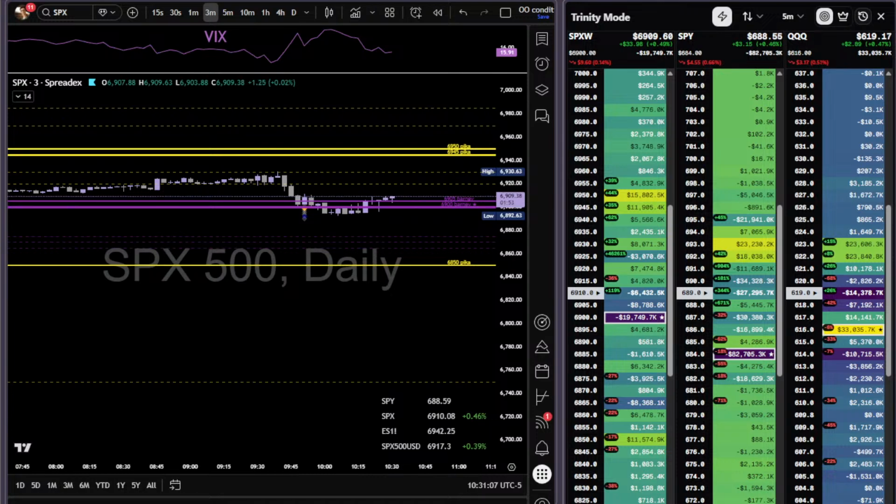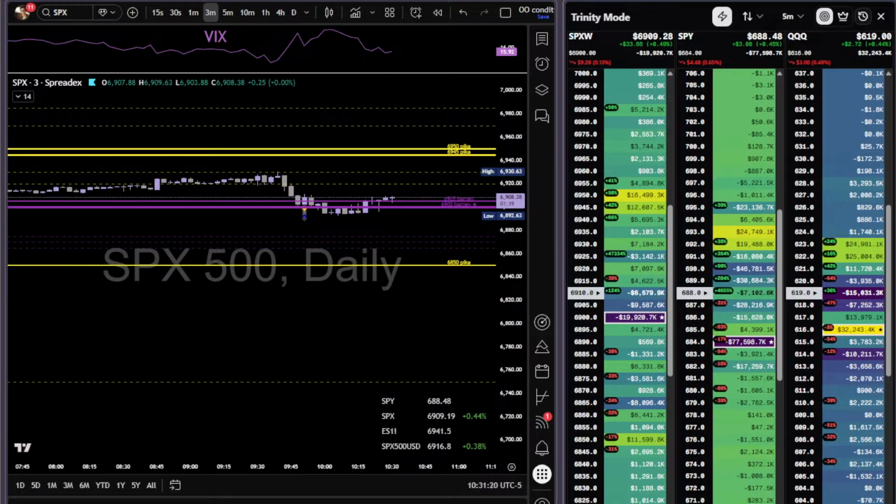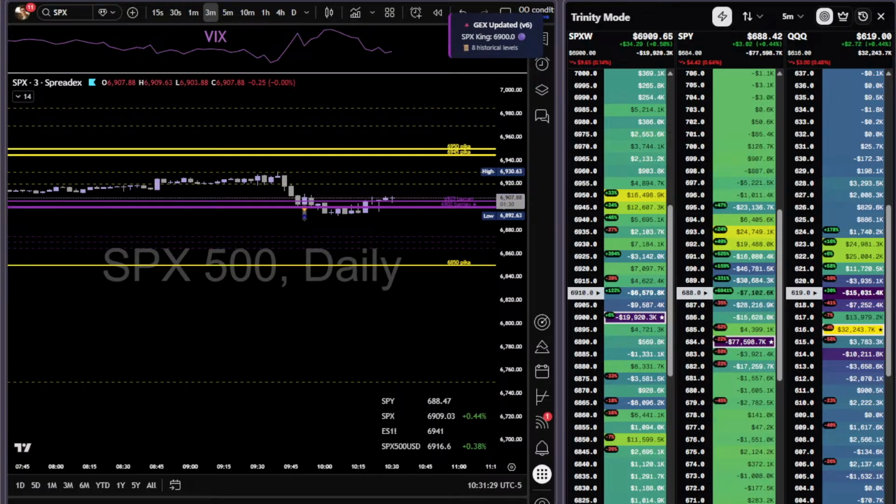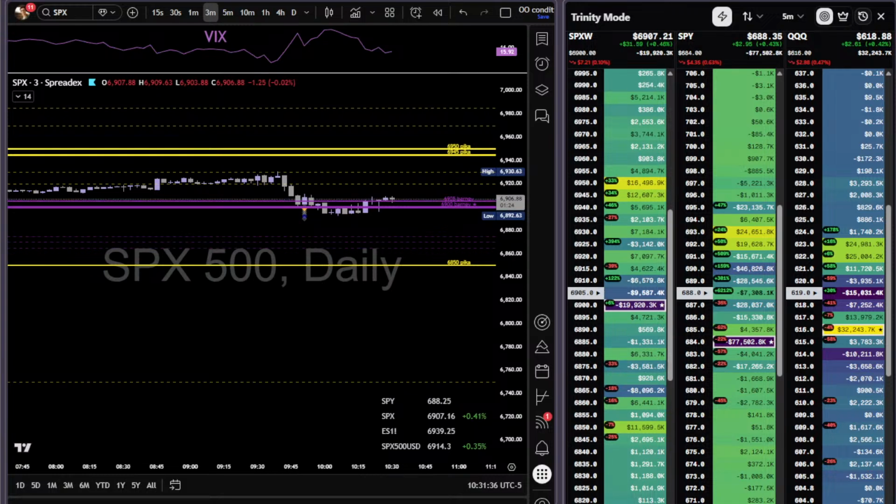Go to that one. Yeah, we're pulling up. I see a lot of growth to the upside on SPY and Qs. Rate of change is to the upside.